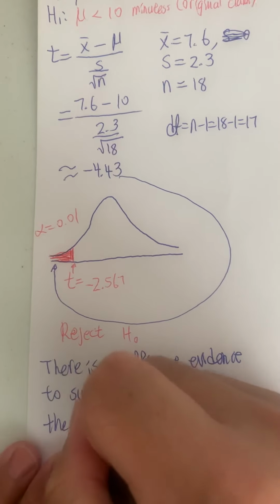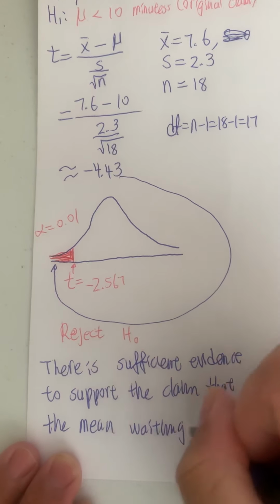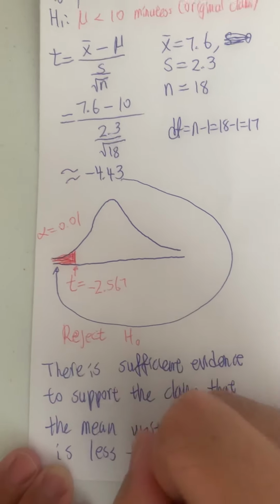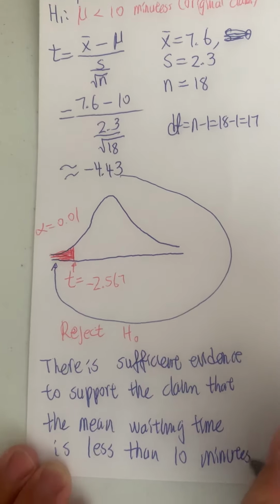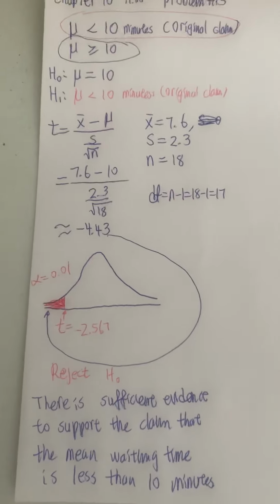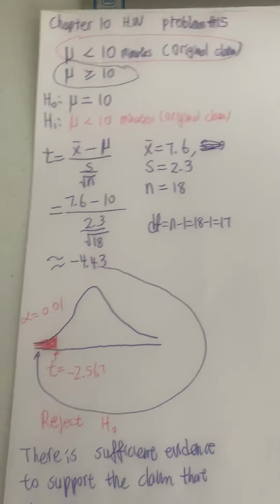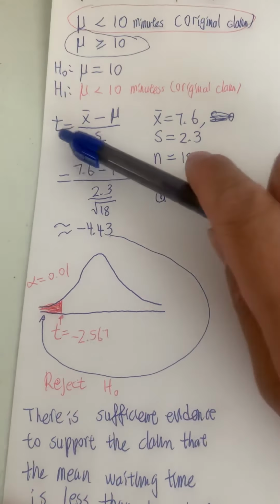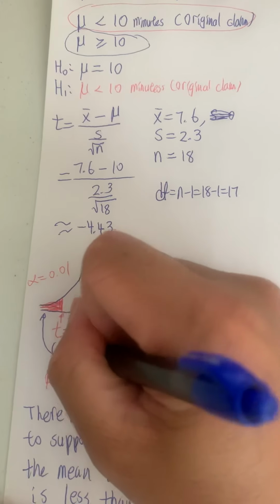The mean waiting time is less than 10 minutes. So this is the traditional method, or they call it the critical value method. Compare the test statistic and your critical value.